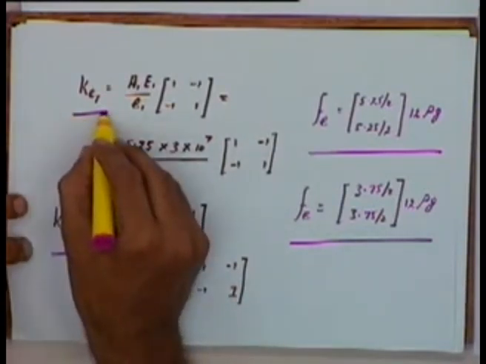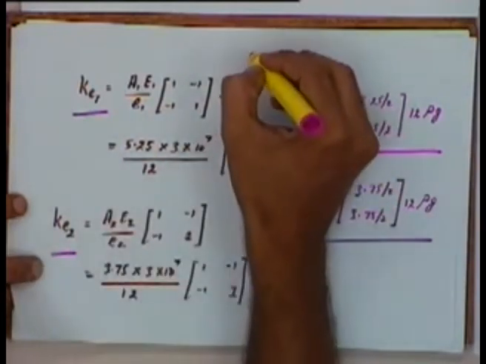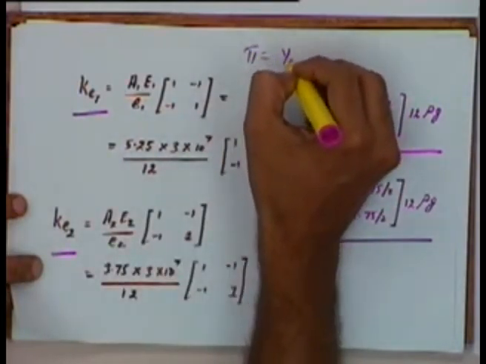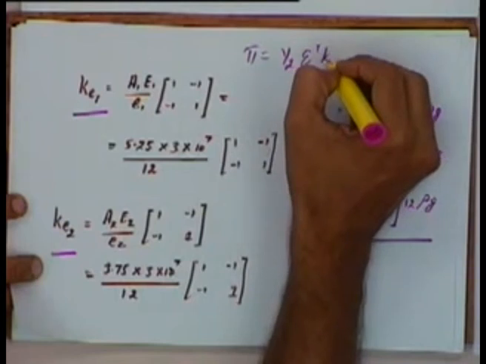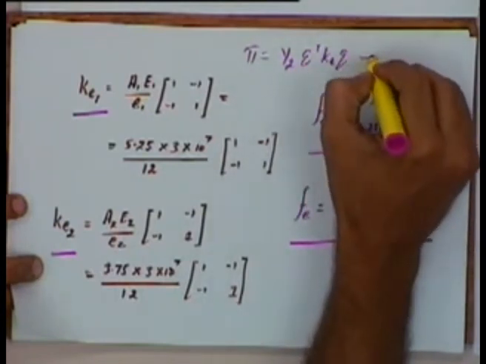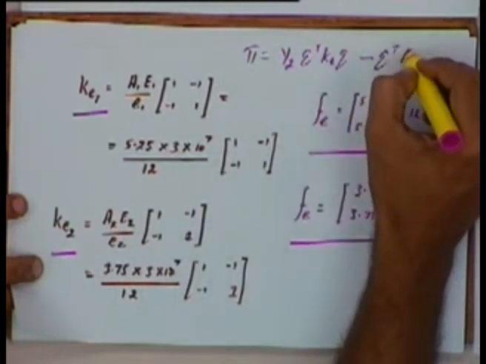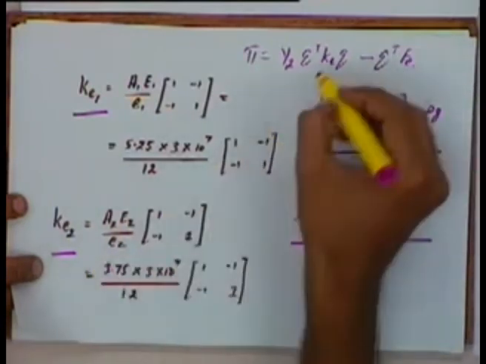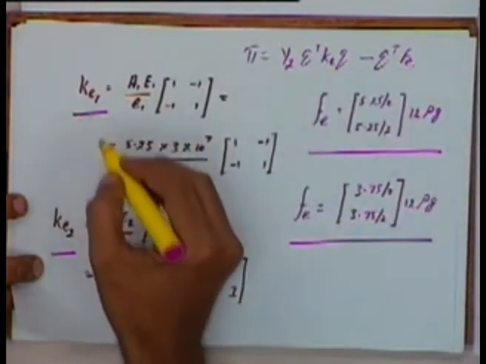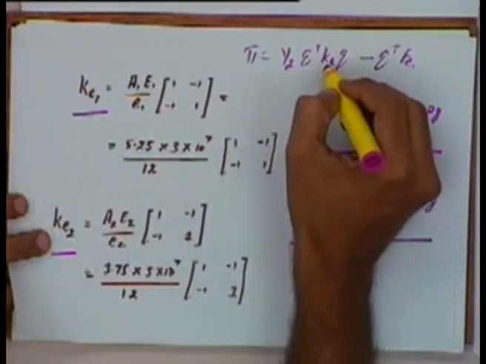If I have this as the element stiffness, then the potential energy we have just said is half Q transpose Ke Q minus Q transpose Fe. This Ke is this expression for the first element, and for the second element, it is this expression.